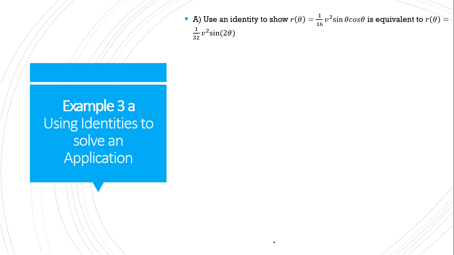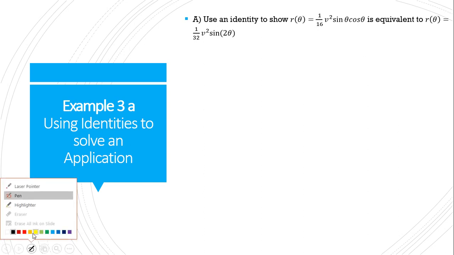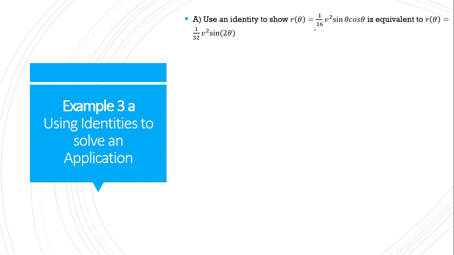Remember, we have half angle, double angle, and product to sum, to show that this is equivalent. It's almost the same, except the denominator changes from 1 over 16 to 1 over 32, and sine cosine changes to just sine of 2 theta.